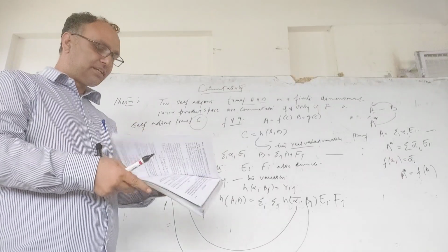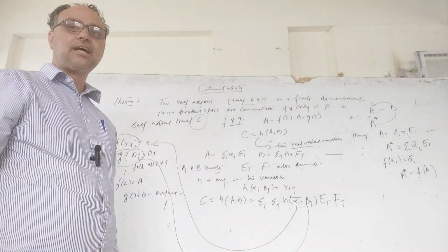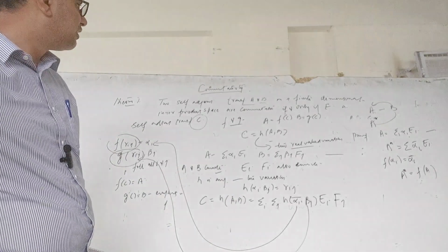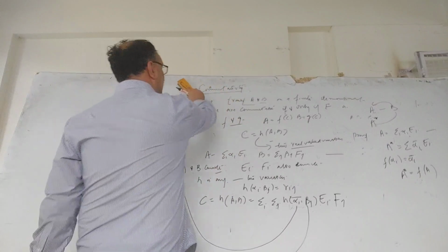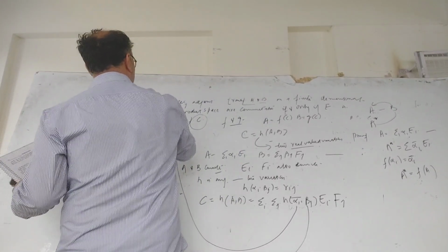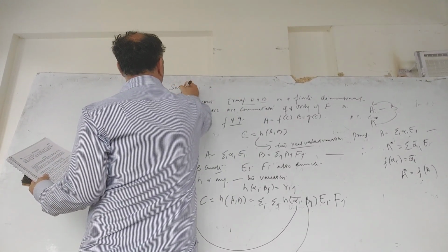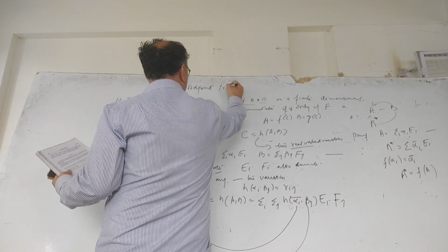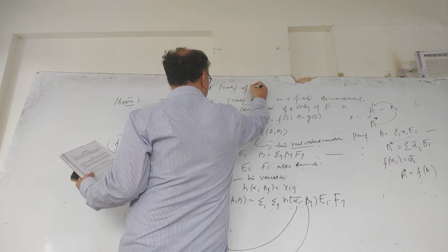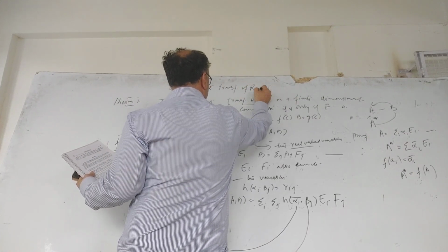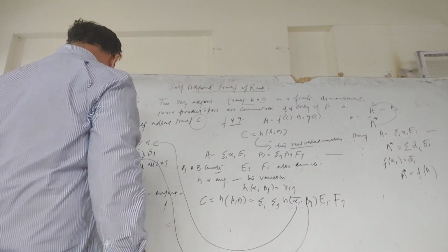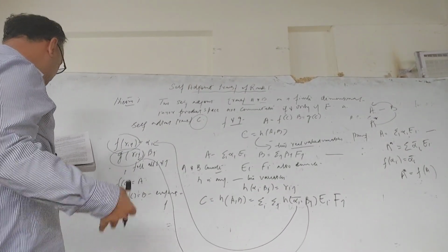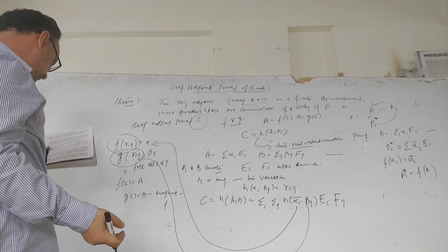Now the constraint comes in the next section. We have self-adjoint transformations of rank 1. For the simplest case, it is true. For self-adjoint transformations of rank 1, things become more subtle, which is positive definite.